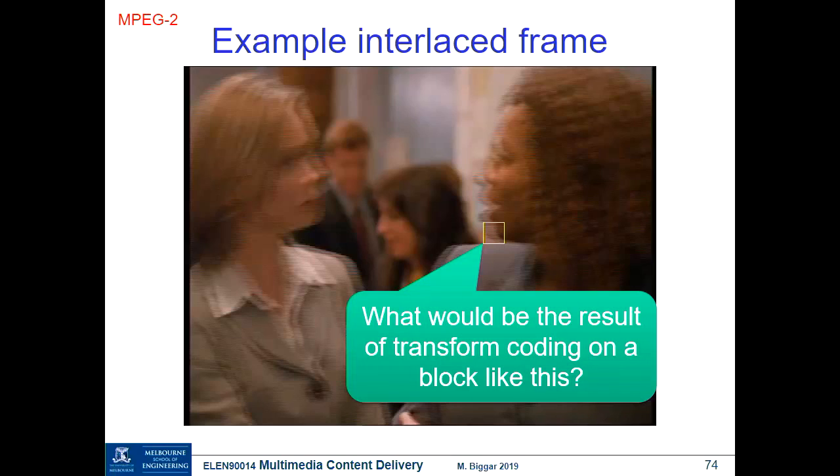Okay, so what's this? What are the frequency characteristics of this going to be, do you think? High frequencies, in particular vertical high frequencies. Right? So our model is going to break down.